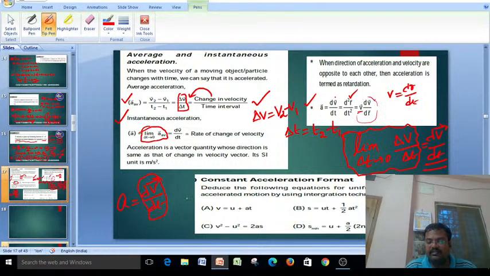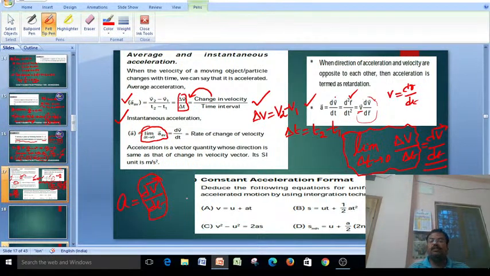Next, the last and final content, constant acceleration format. Deduce the following equations for uniformly accelerated motion by using the integration technique. There are 4 accelerated motion equations. The first three you already learnt in previous classes, in 9th class for your CBSE.